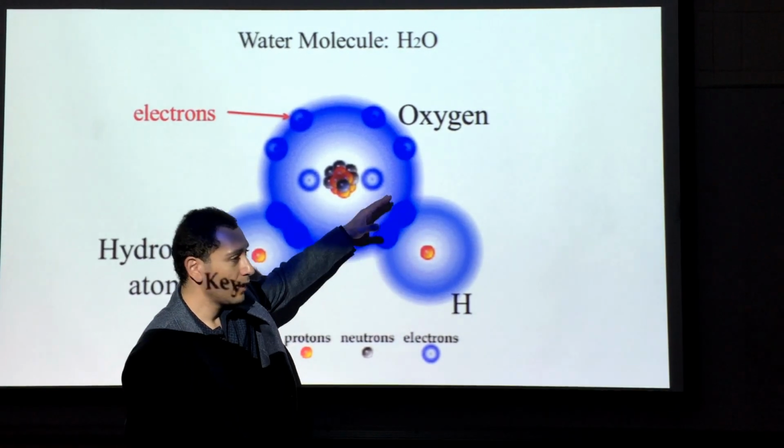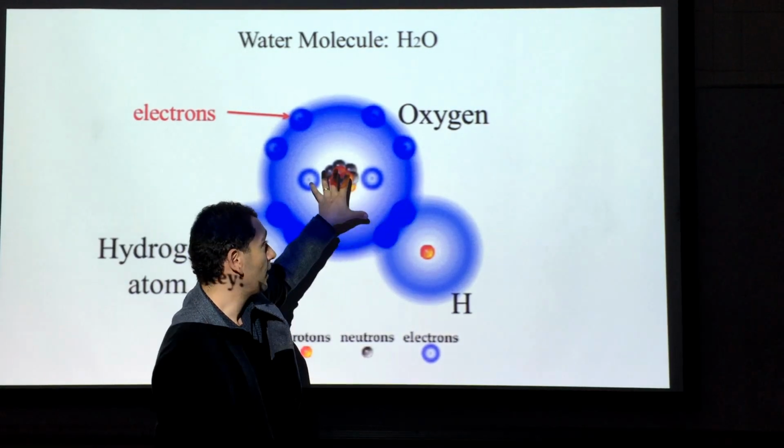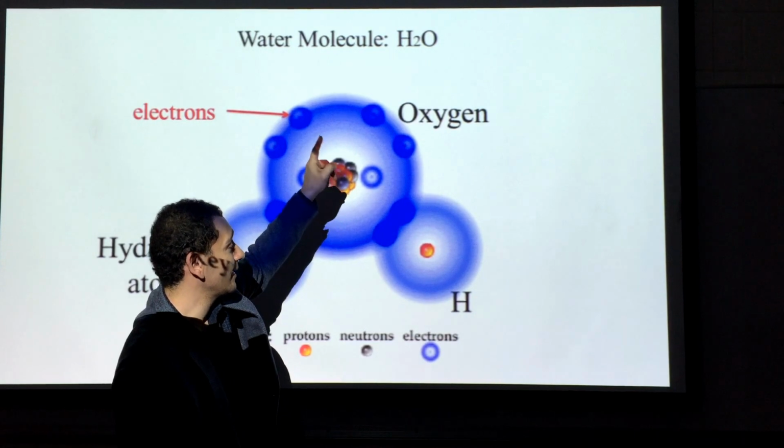And if you're going to pull negatively charged electrons a little bit closer, that would make oxygen slightly negative.